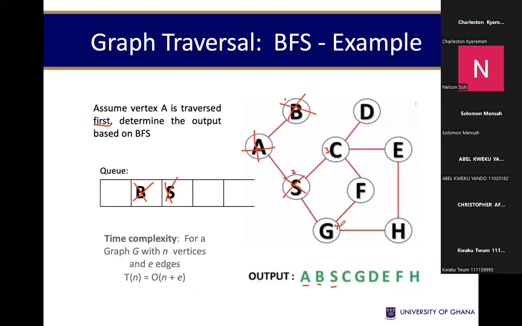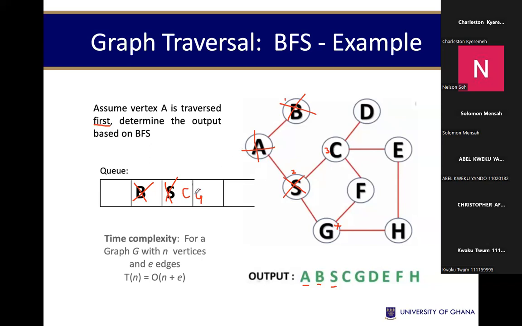So we can now put C, because of space, I'll put it here. And then put J. And we've already output S. So the next thing we need to do is to check what is next in the queue, and that is C. So for us to be able to visit C, all adjacent nodes to C have to be placed at the end of the queue.